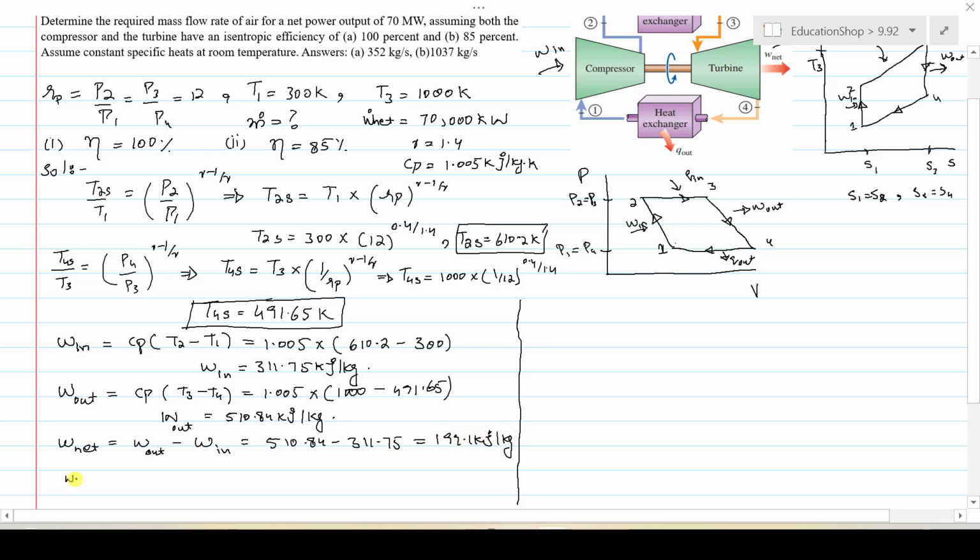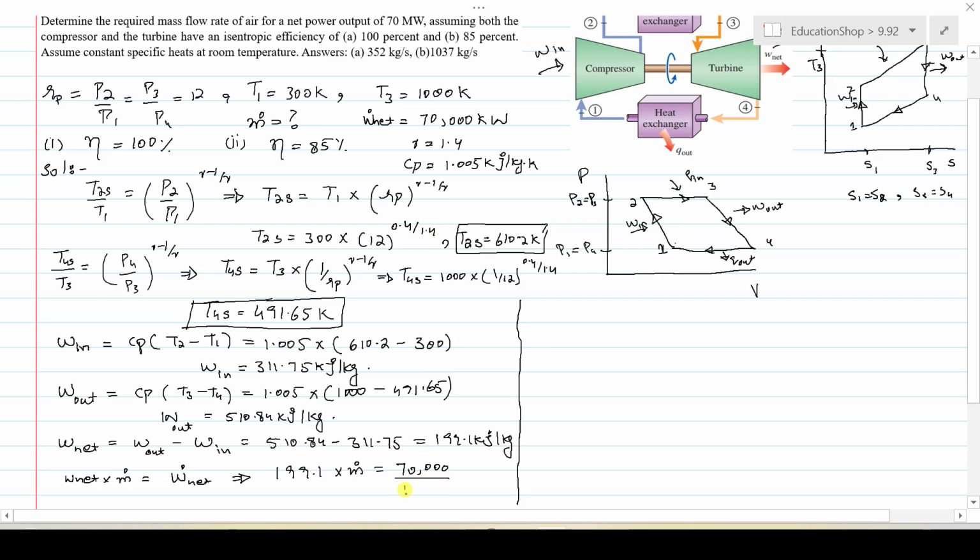We also know that the net work produced multiplied by the mass flow rate will give you the net power produced. Just simply put the values. W net is 199.1 kilojoule per kg multiplied by the mass flow rate that we need to calculate in the first case, when isentropic efficiency is 100%. We have been given the net power produced, that is 70,000 kilowatt.